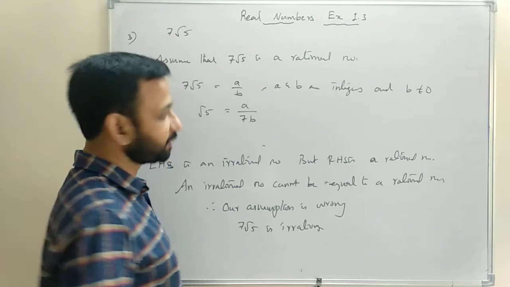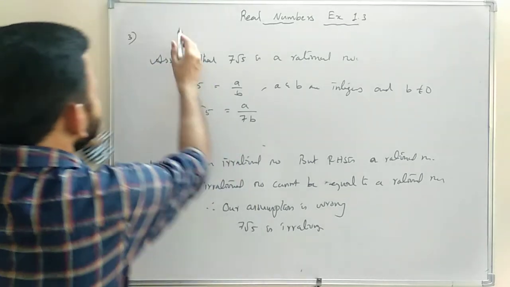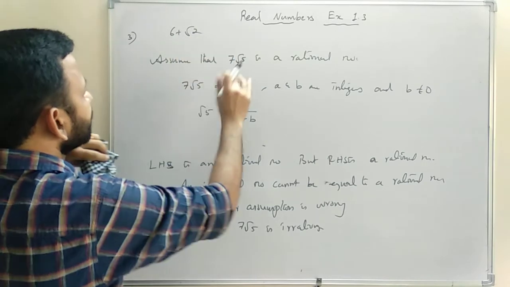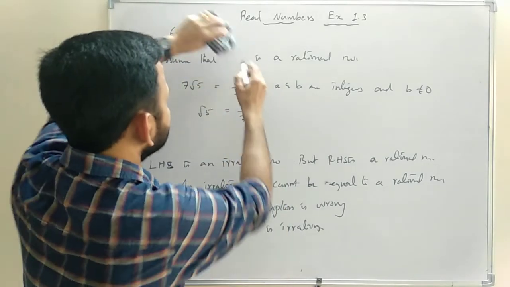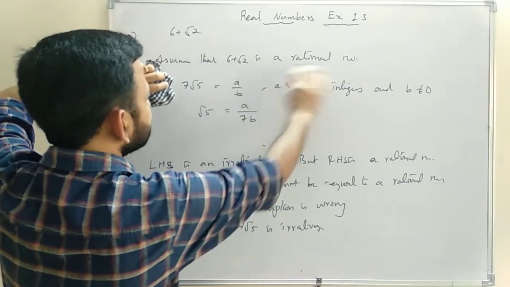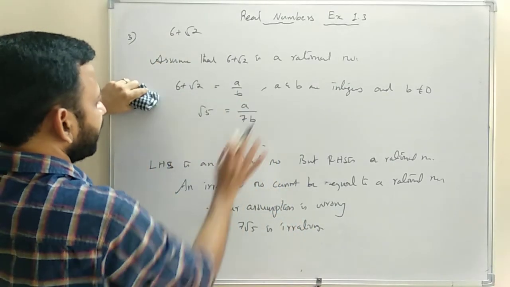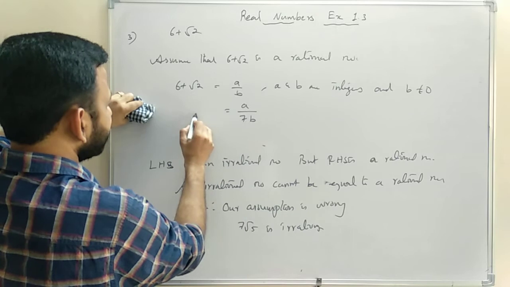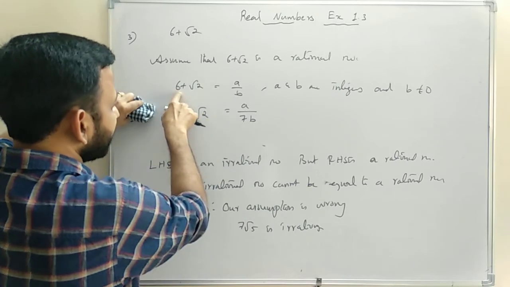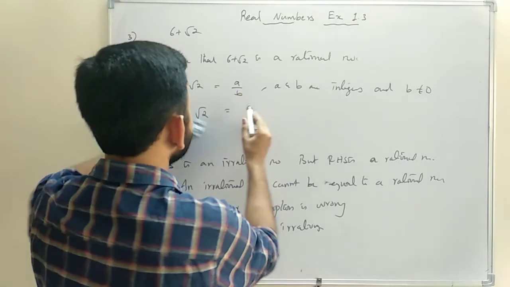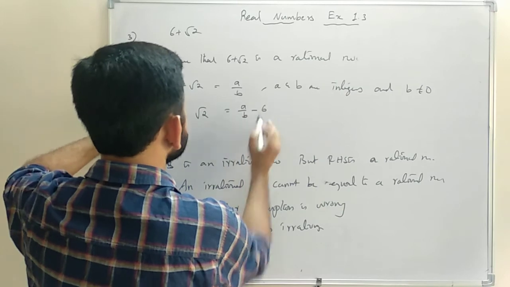The next one, 6 plus root 2. Exactly the same method. Assume that 6 plus root 2 is a rational number. Therefore, 6 plus root 2 is equal to a by b. From here, we can write root 2 equal to a by b minus 6, taking 6 from left to right.